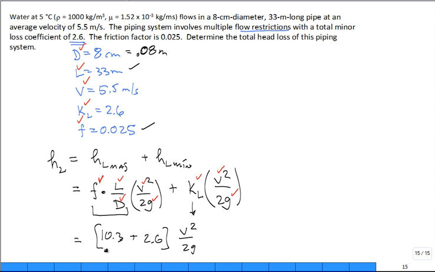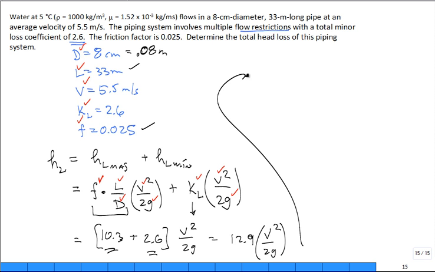That just gives a little insight as to which is dominating the head loss. And so it's equal to 12.9 times V squared over 2g. And when you finish it out, the head loss comes in at right at 20 meters. So that's the head loss of the piping system.